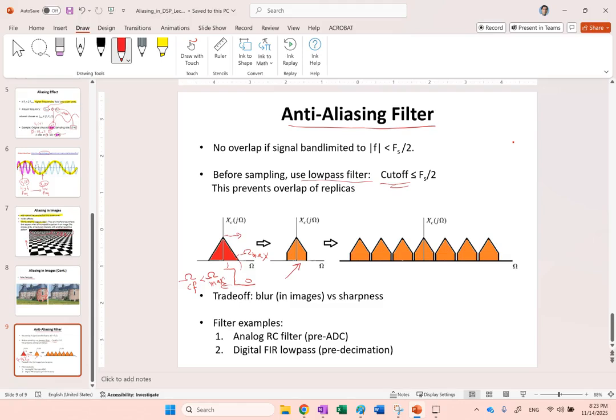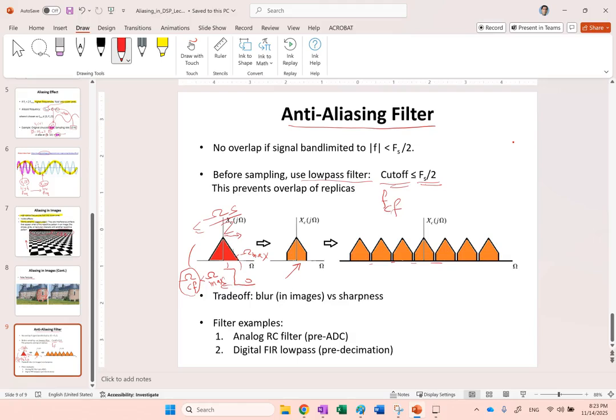Now, if you sample that with omega S or Fs and get replicates of it, these replicates will not overlap. The question is, what cutoff frequency should I pick so these won't overlap? It has to be less than or equal to what? Omega S over 2. In hertz, this is F cutoff less than or equal to Fs over 2, then you are good, correct?